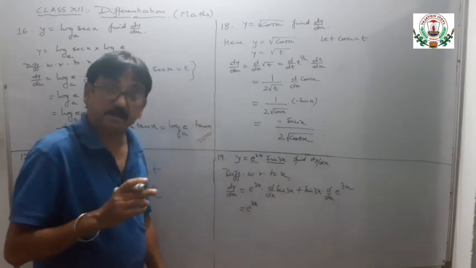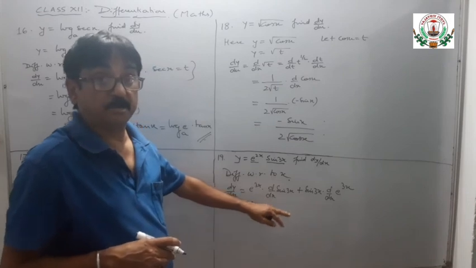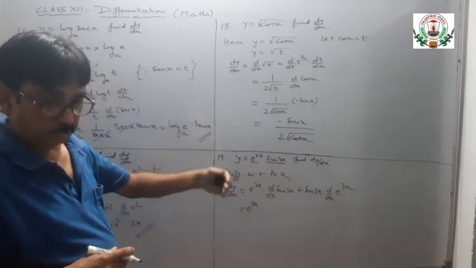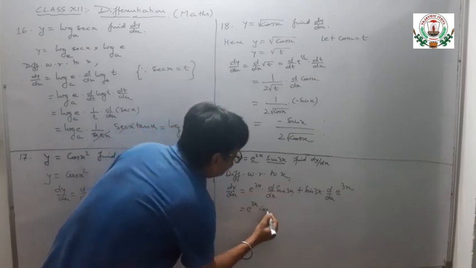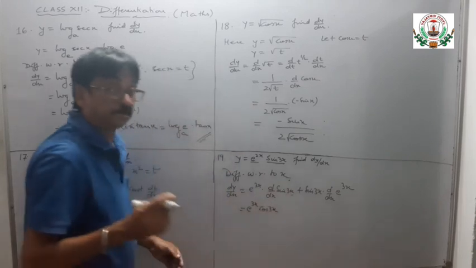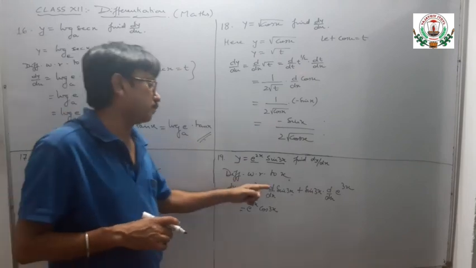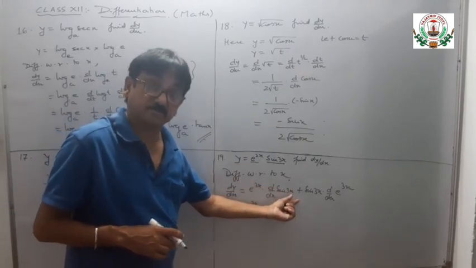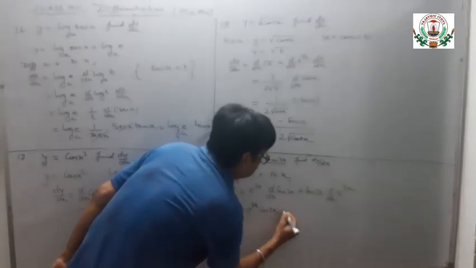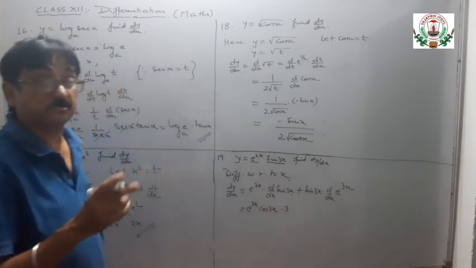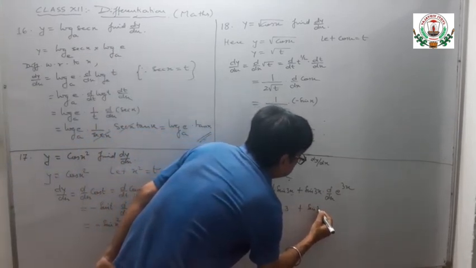Taking 3x as t, d by dt of sin t is cos t, and t is 3x, so this becomes cos 3x. But dt by dx is still left, so d by dx of 3x will be 3, as d by dx of x is 1. Plus sin 3x.